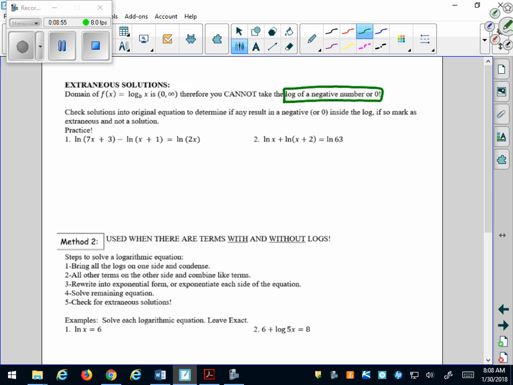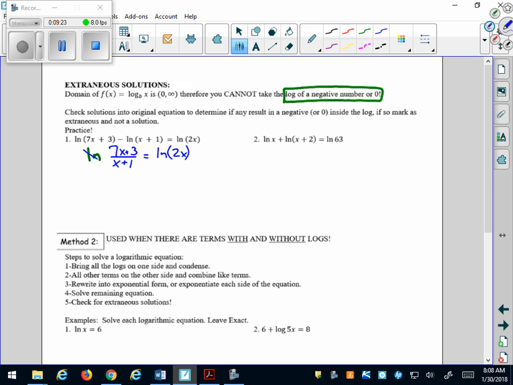So when we solve things, we have to make sure that our solutions actually work in our problem. So for this one, we're going to do the same process here. We have ln of (7x plus 3) over (x plus 1) equals ln of 2x.